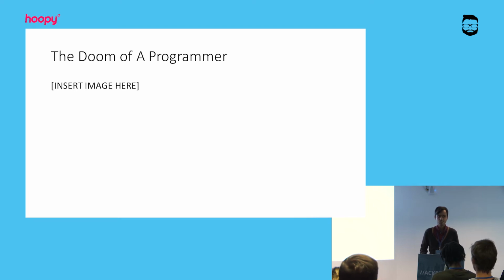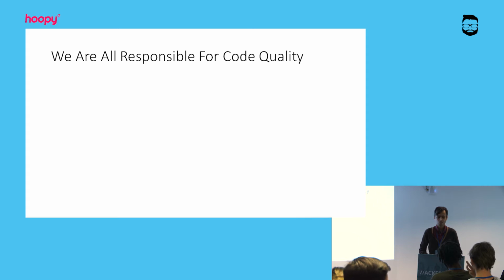But why does this actually happen? What actually leads us to this stage? I have a few theories, but the biggest one is we are all responsible for code quality. You read a lot about this, but it never actually internalizes.